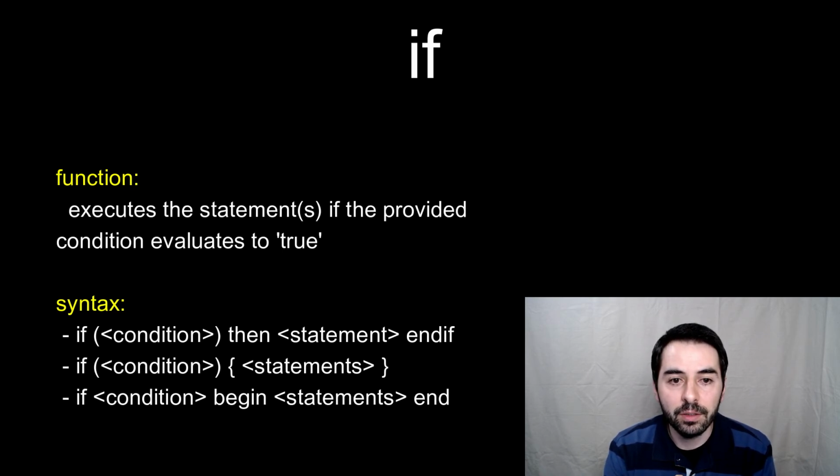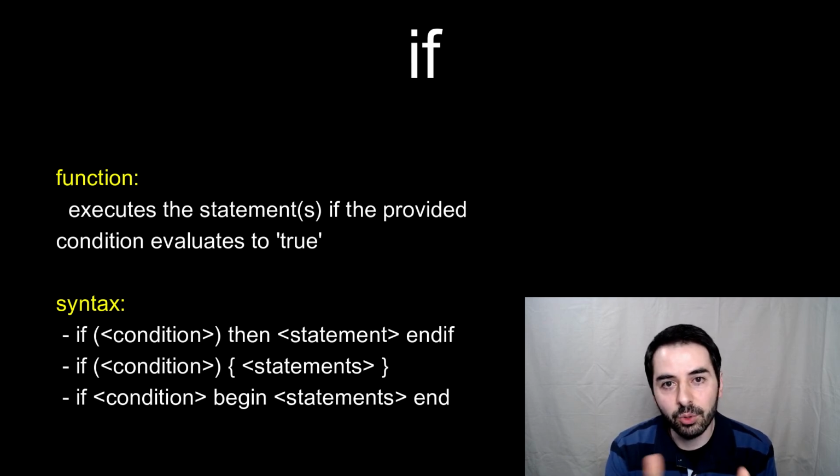There might be some ending keyword in some languages, so it can be end if, or if we use blocks, some languages will just have curly brackets containing all the statements that will be executed if this condition applies.